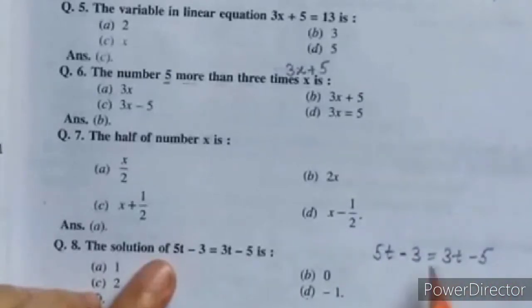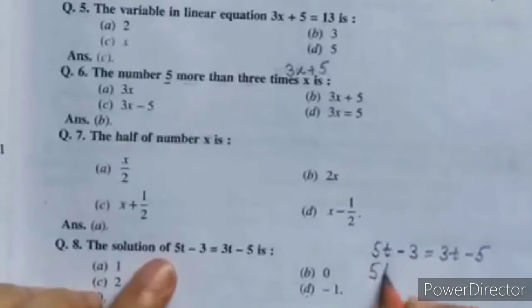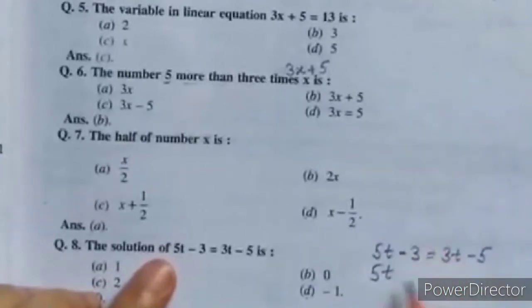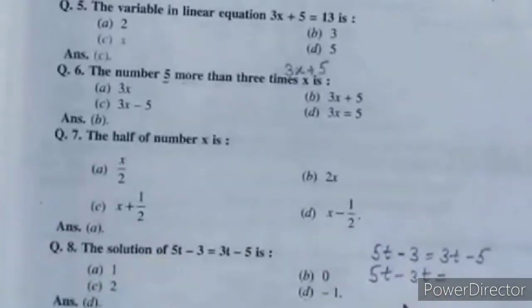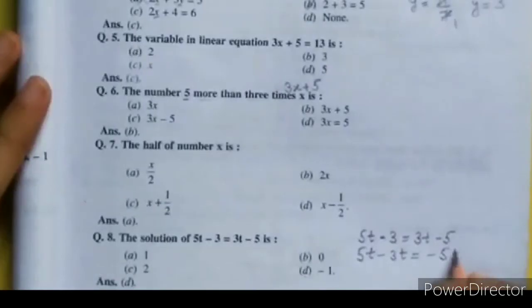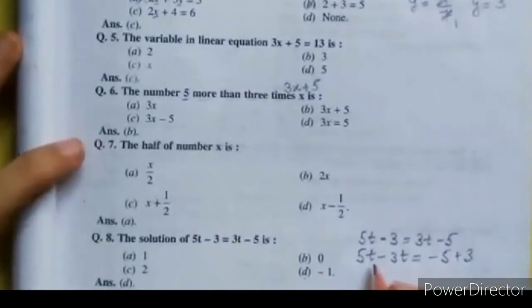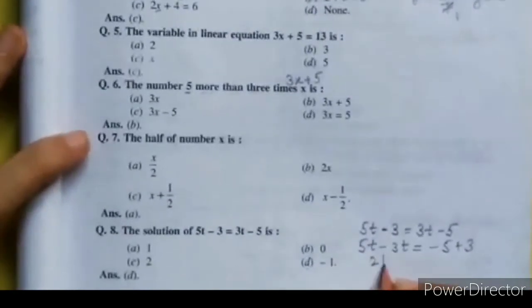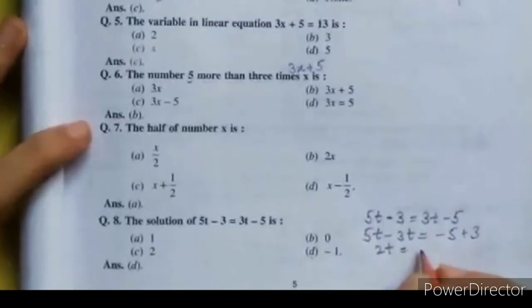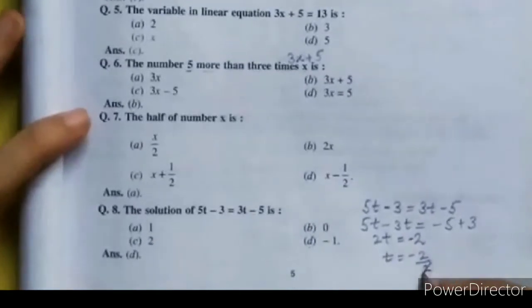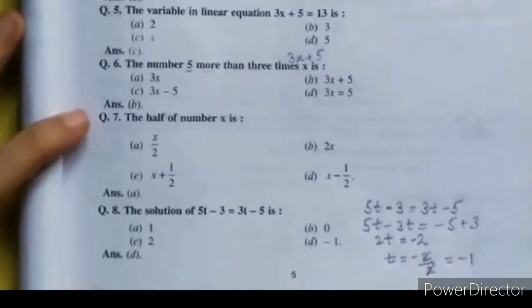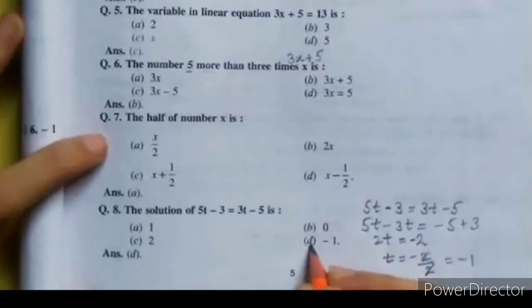The number, that is the constant, should be on the right hand side. Therefore 5t minus 3t is equal to, already on the right hand side we have minus 5 plus 3. That is 5 minus 3 is 2t is equal to minus 5 plus 3 is minus 2. Therefore t equal to minus 2 by 2 is minus 1. Option D is the right answer.